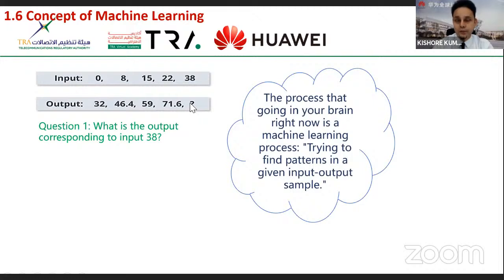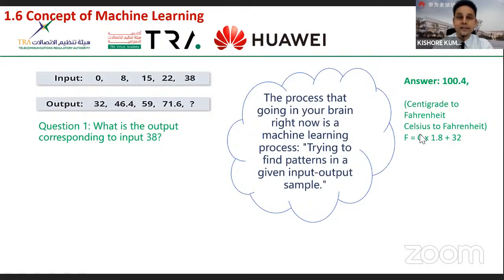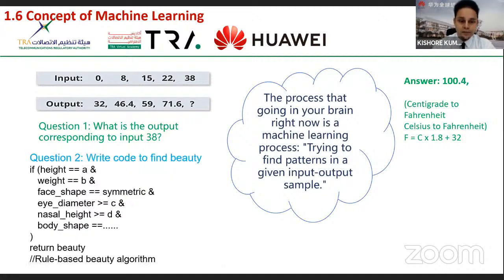That is the way machine learning works. By the way, the answer is 100.4, and that's a Celsius to Fahrenheit transformation. That's not important. The point is, finding the pattern from input-output pairs is what machine learning does.